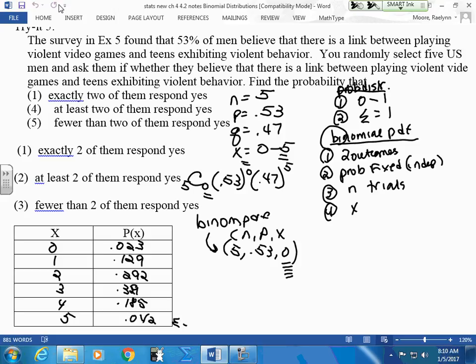My sum is equal to 1, and my probabilities are between 0 and 1. This is what makes it a probability distribution. Now, we can answer these questions right off of this. What is the probability that exactly 2 of them responded yes?